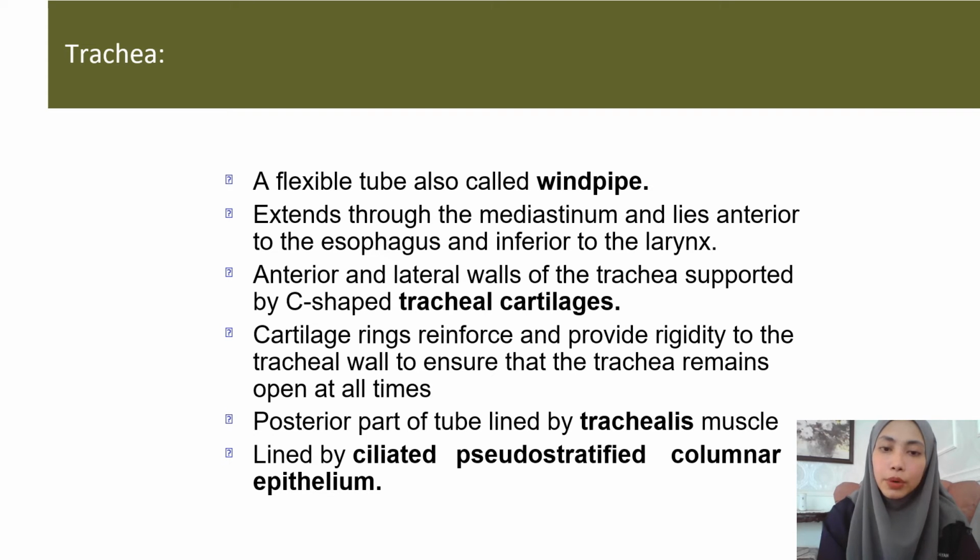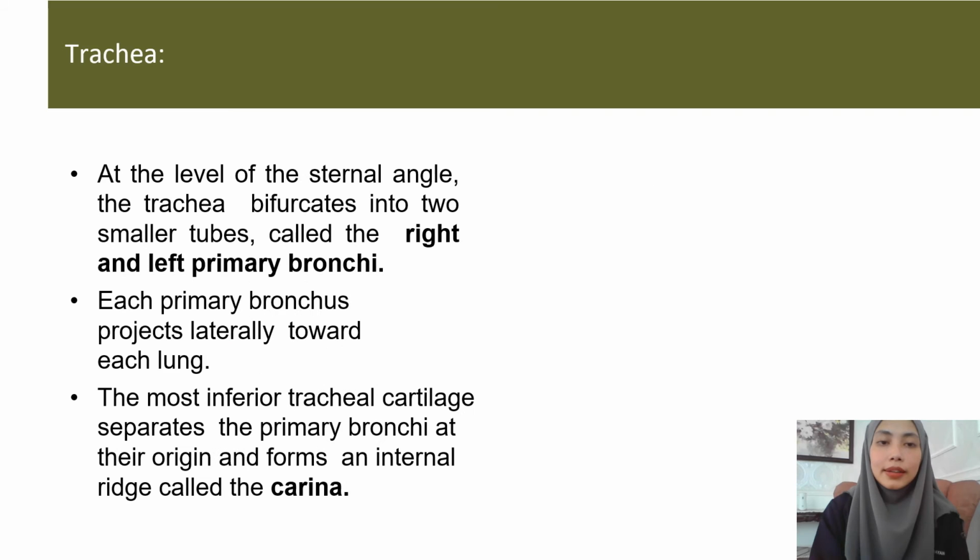Okay, then the posterior part of the tube is lined by the trachealis muscle, and it is also lined by the ciliated pseudostratified columnar epithelium, similar to the upper respiratory tract. Okay, at the level of the sternal angle, the trachea bifurcates into two smaller tubes called the right and left primary bronchi. Each primary bronchus projects laterally toward each lung.